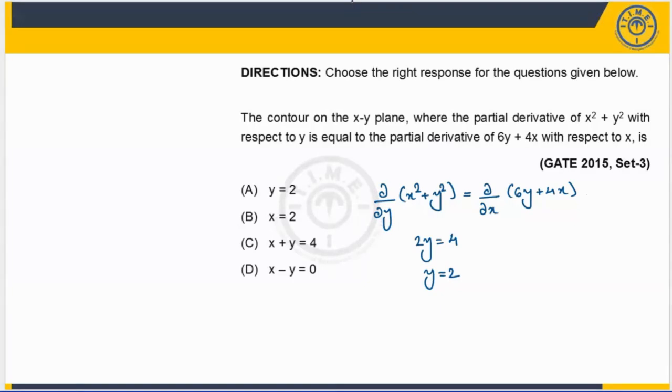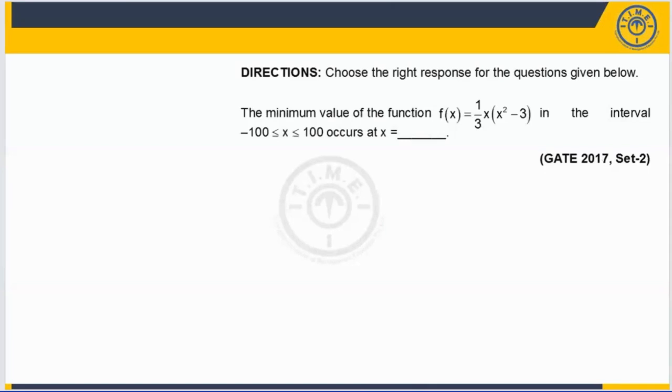You see, a simple one, how complicated he has asked. So read the question carefully before you start answering. Right. And then here again, the interval is given from -100 to +100.